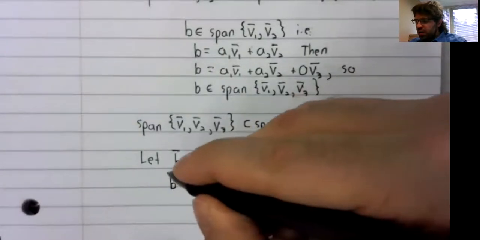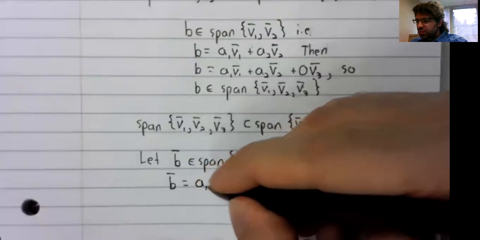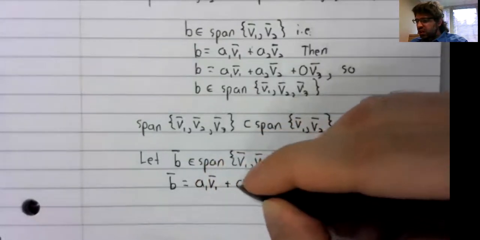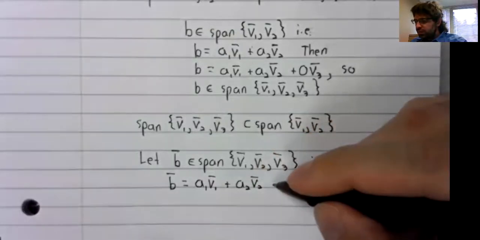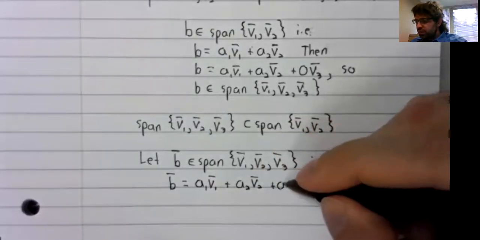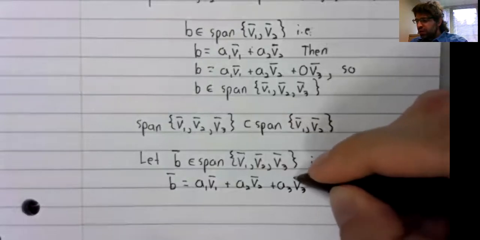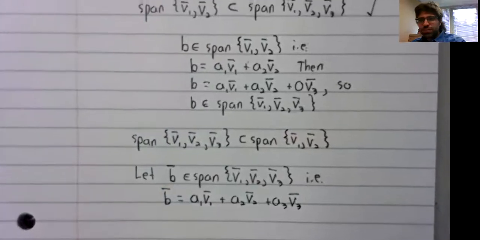So if B belongs to the first set, it's a linear combination of these three vectors.